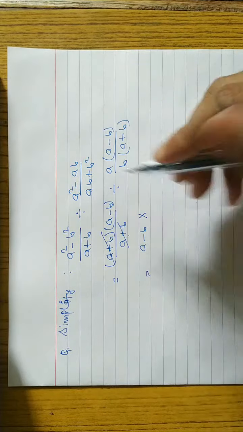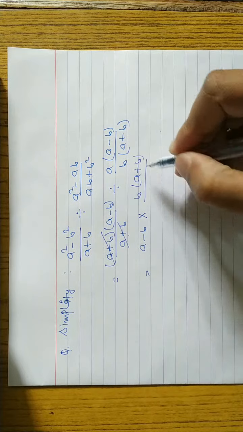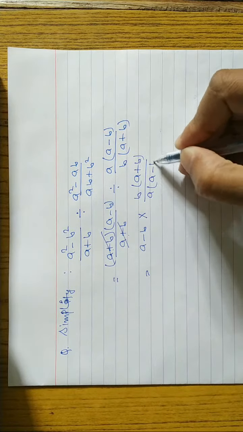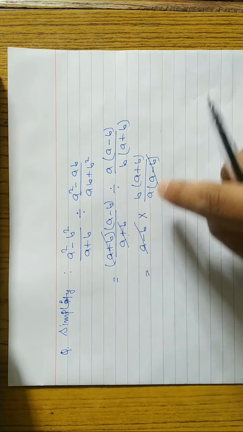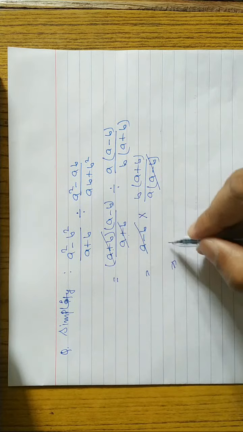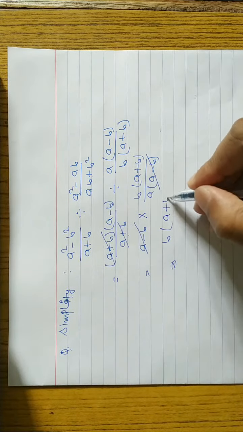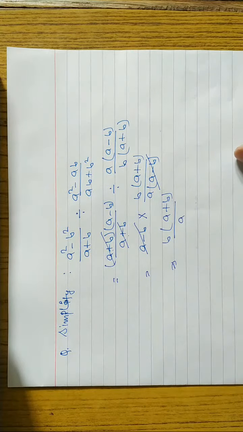We have to find the reciprocal. We can say b into a plus b divided by a minus b. Again a minus b and a minus b cancel, one in the numerator and another in the denominator, and what is remaining here? b into a plus b by a. Hope you understand this question.